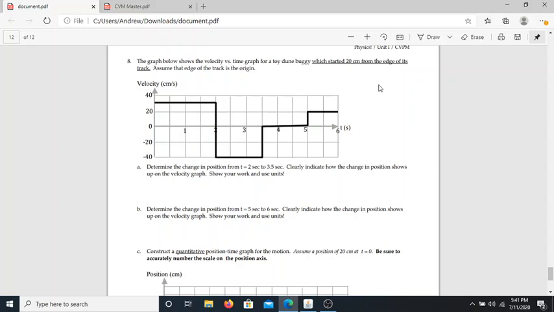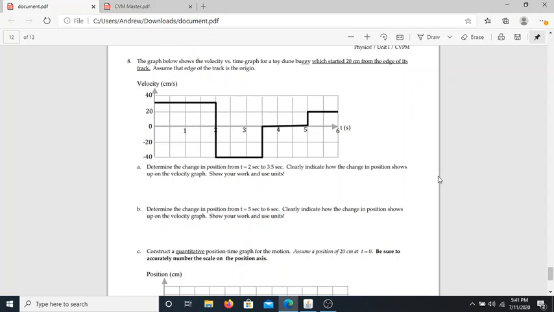So if we're going to describe this in words, we probably start by saying this dune buggy, starting 20 centimeters from the edge of the track, moves with a constant positive velocity of 30 meters per second. Because it gives us numbers here, we can be even more specific, so we can include that velocity. Then we can say that's for section 1.